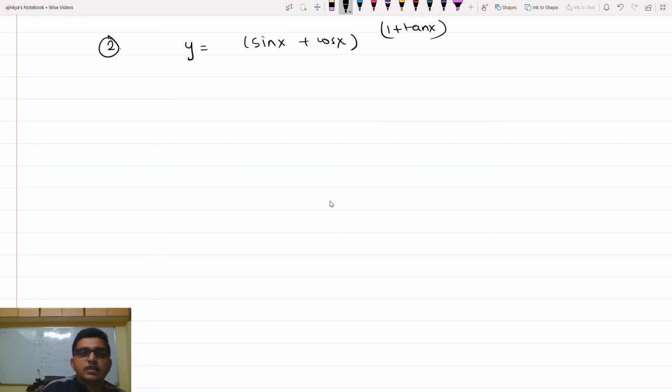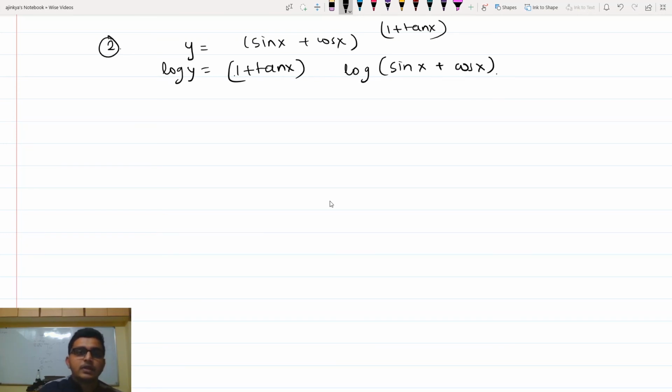In this case, if we take log on both sides, we have log of y equals to 1 plus tan x log of sine of x plus cos of x. Now you can say that these are two different functions, which is this you can take it as u and this you can take it as v, and then we can easily solve this.